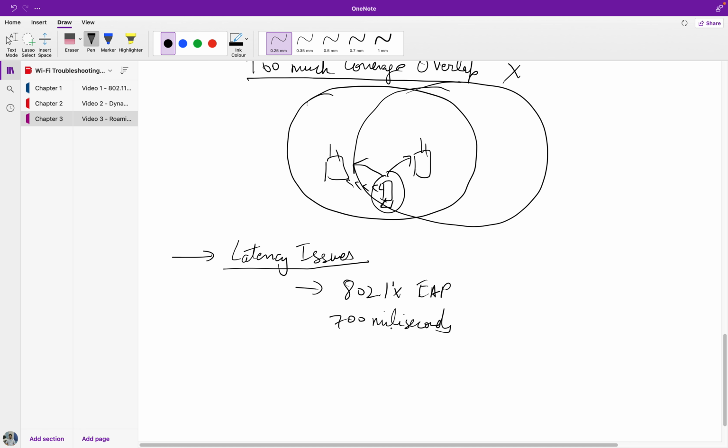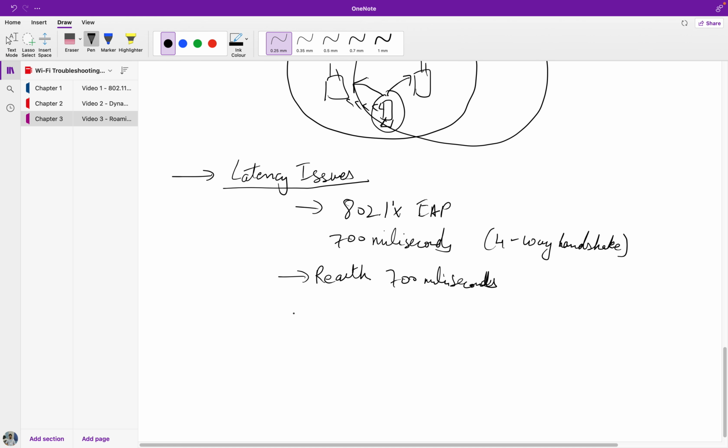If a client is roaming, we expect a reauth to happen, which will again take 700 milliseconds. This 700 milliseconds includes the 4-way handshake, which is the key cache, the 4 keys that are generated to encrypt and decrypt the unicast and broadcast traffic. So reauth will take the same amount of time, 700 milliseconds. Now a voice client cannot take more than 150 milliseconds.